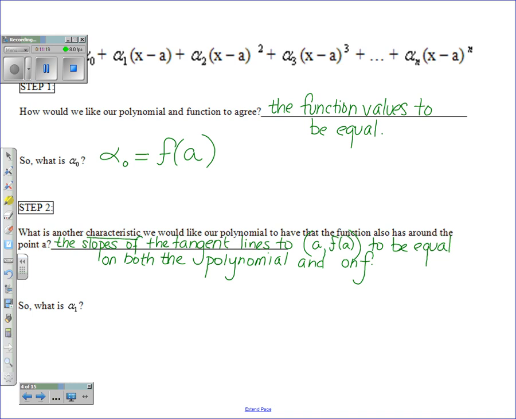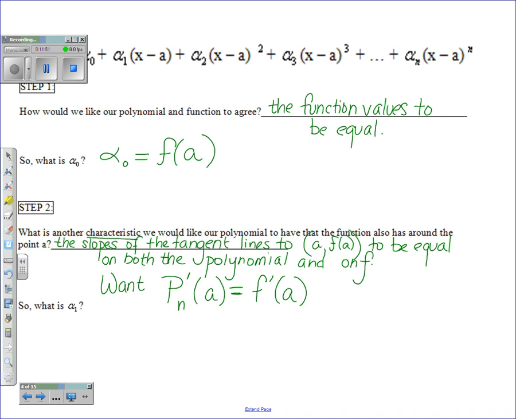Okay, so that is, we want the derivative of the nth degree polynomial at a to equal f prime of a. So what we have to find is the first derivative of the nth degree polynomial at a.